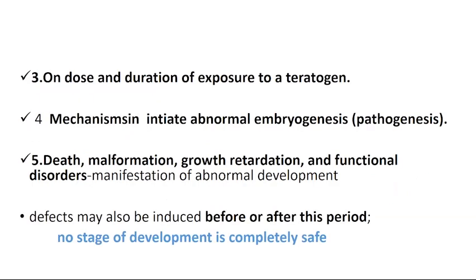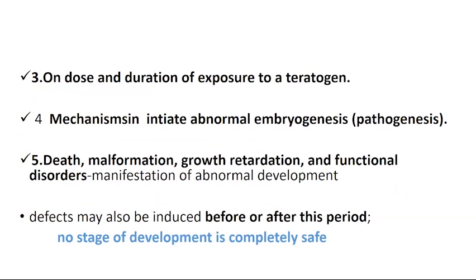Then the third factor is the dose and duration of the exposure. How concentrated is the teratogen? How high is the dose of the teratogen? Then it depends on the mechanism to initiate the abnormal embryogenesis, that is, at what level it has affected and how it can make the development abnormal.